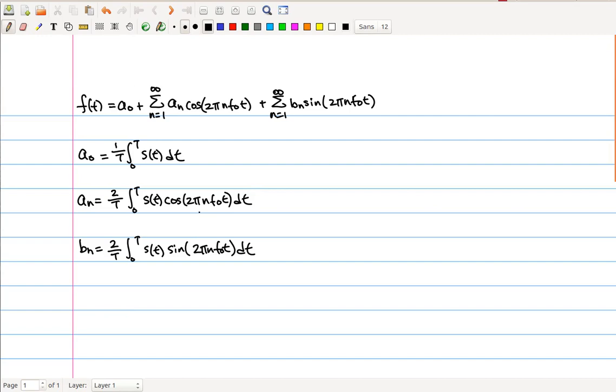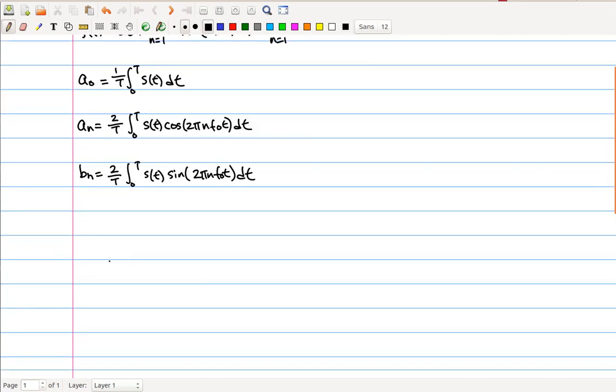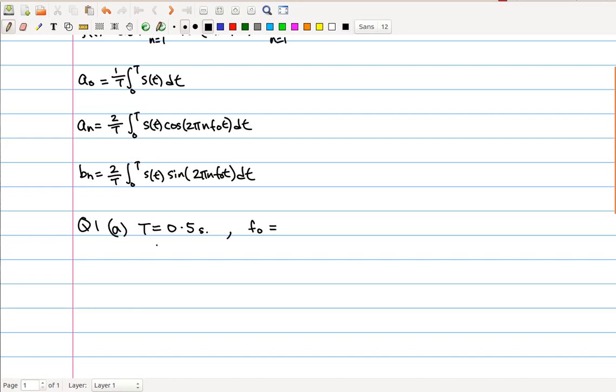Okay, so let's write that down. Period 0.5. Okay, so correspondingly, to calculate the fundamental frequency, it's the reciprocal of the period. Gives us 2 Hz. Fundamental frequency of 2 Hz.